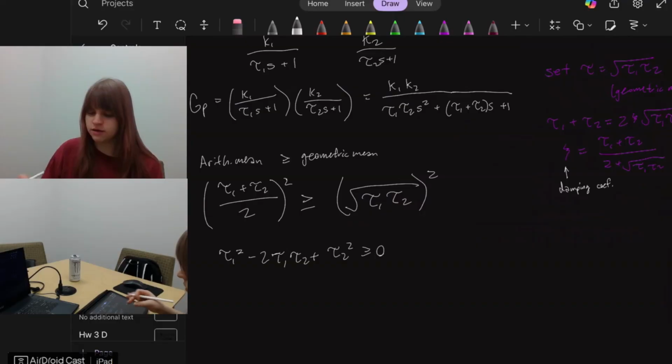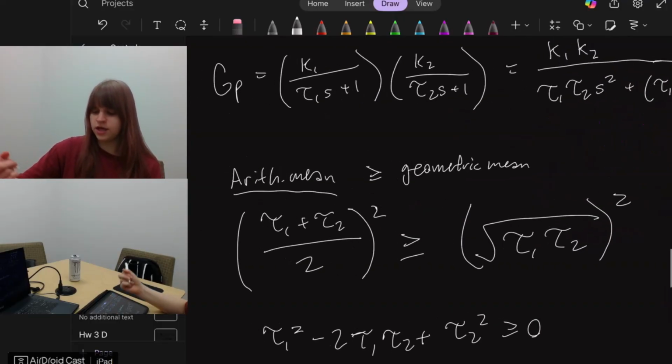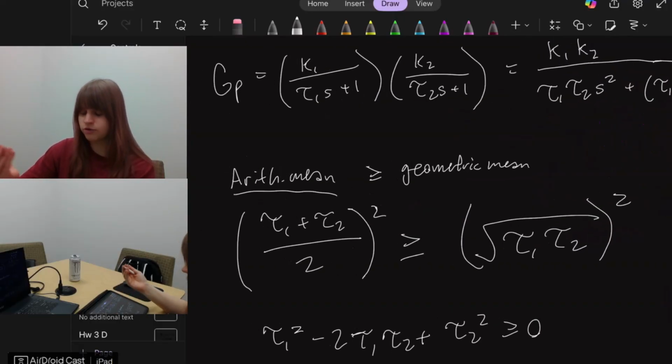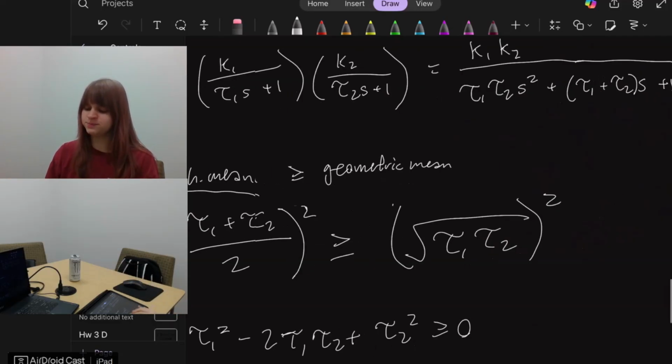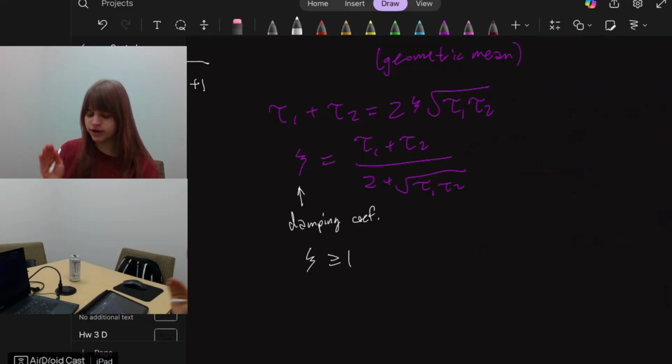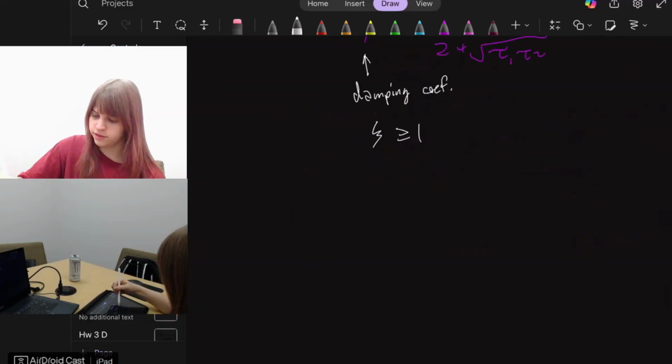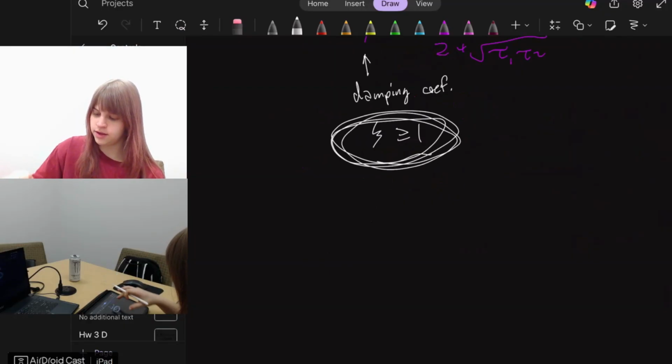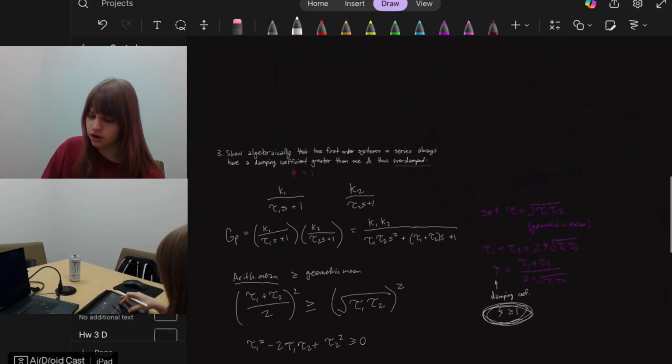And what this means is the arithmetic mean is always greater than or equal to the geometric mean. Therefore, our zeta is always going to be greater than or equal to 1. This should be true, and so it should be overdamped.